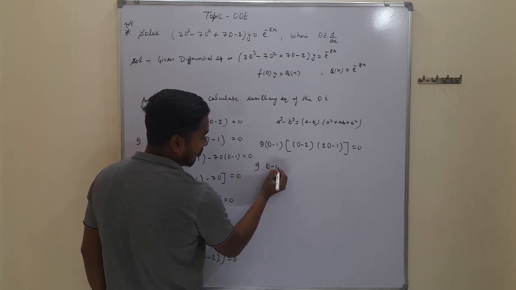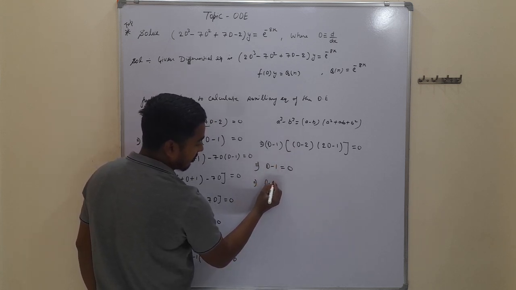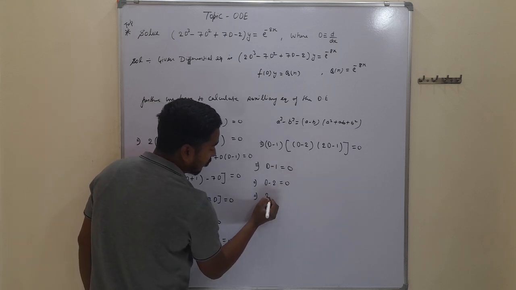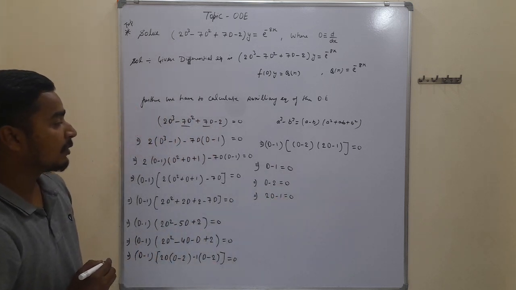Taking D − 1 = 0, D − 2 = 0, and similarly 2D − 1 = 0, we get the three roots.